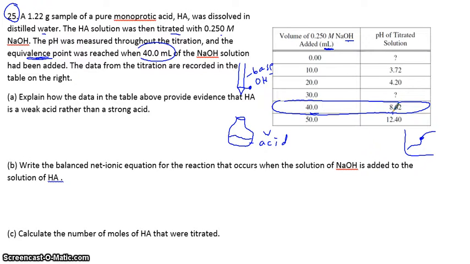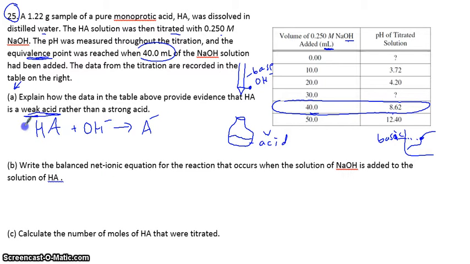So A says explain how the data in the table provides evidence that HA is a weak acid rather than a strong acid. Remember that weak acids have basic equivalence points. So this is basic. That's because when you neutralize HA, a weak acid, by putting OH- against it, you get the conjugate base.